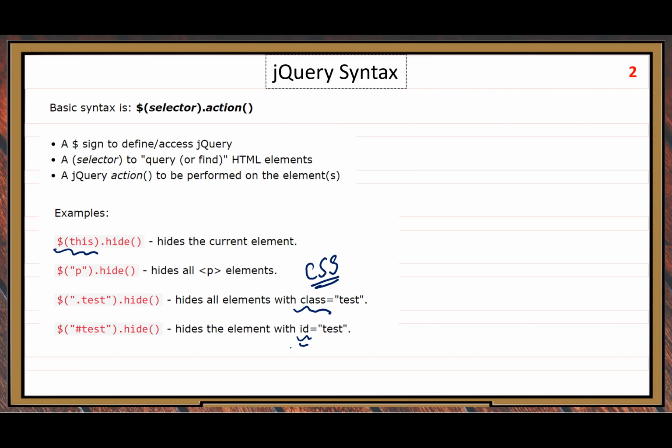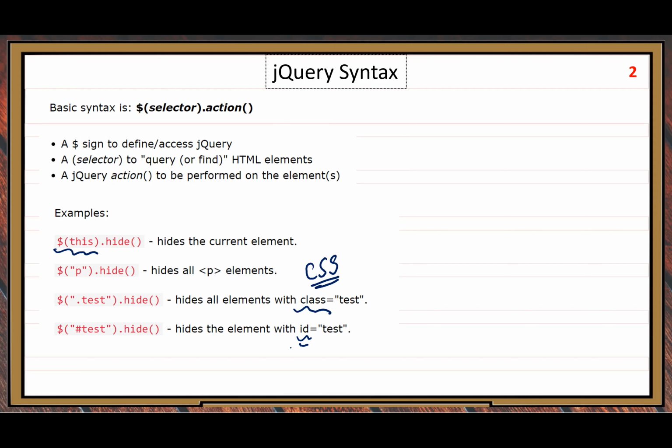Only in very special situations may we apply some action on multiple elements. There is a small chance we do that. Ninety-something percent of the time we apply it on a single element, so we use this ID, sharp, notation.